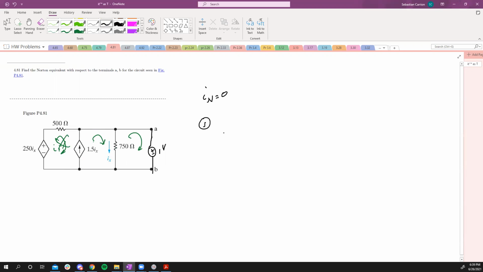So I can say, well, first equation, we know that Ix would be 0.5 Ix minus, I'm going to call this Is.